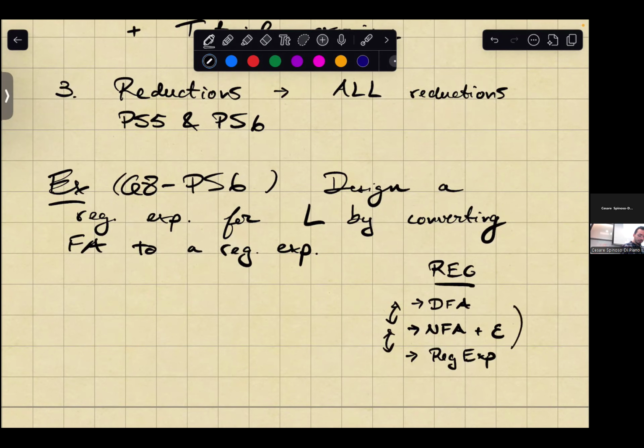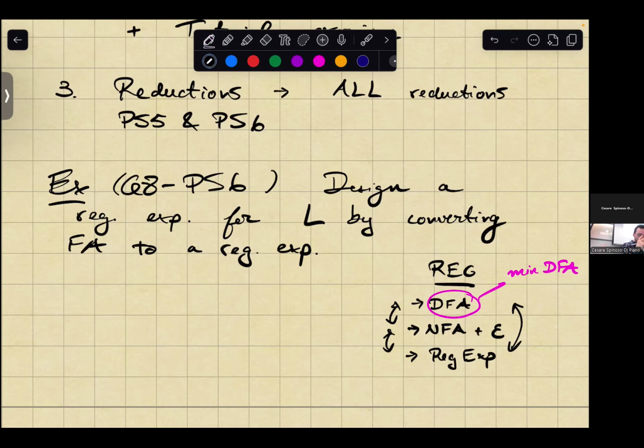And one other thing is that in terms of minimal representations, we only have the idea of minimal representations for DFAs. So we have this idea of a minimal DFA, and we have a conversion algorithm that converts a DFA to a minimal DFA as well. So it's important to be aware of and know how to minimize DFAs as well.